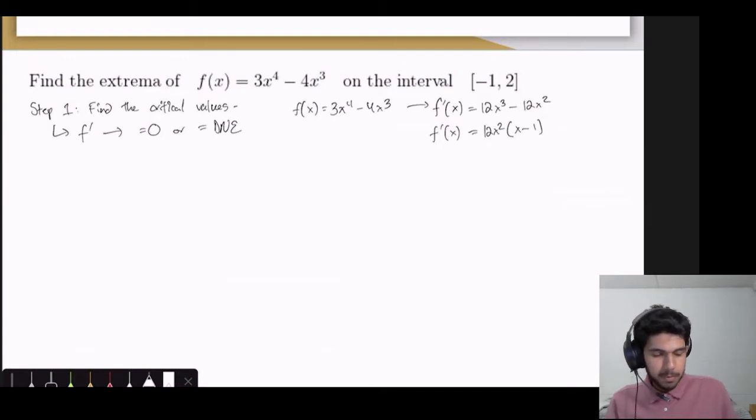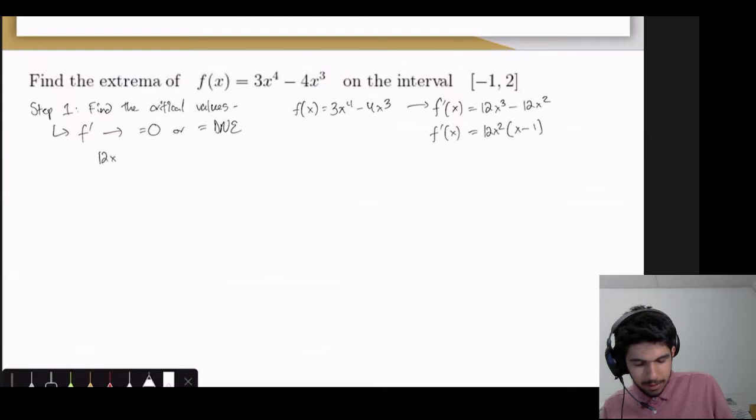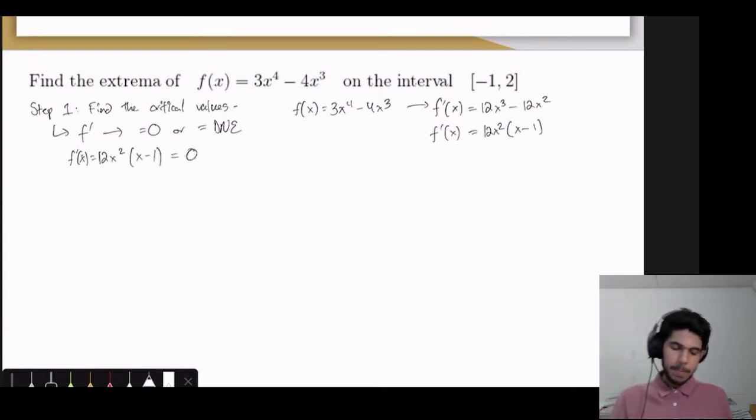What about 0? That might be a little trickier. So let's just set f prime equal to 0. f prime of x equals this, equals 0, right? So we can see here that either 12x squared must be 0 and or x minus 1 must be 0, right?